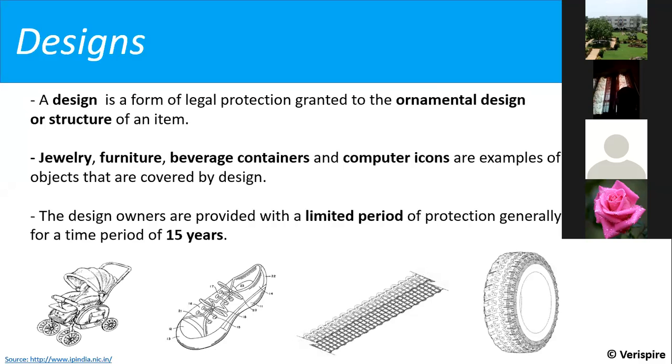So this type of IP is a kind of ornamental structure of a product. How a product is looking. It can be related to jewelry also, beverage containers also, computer icons also, furniture also. There is no limit to it.